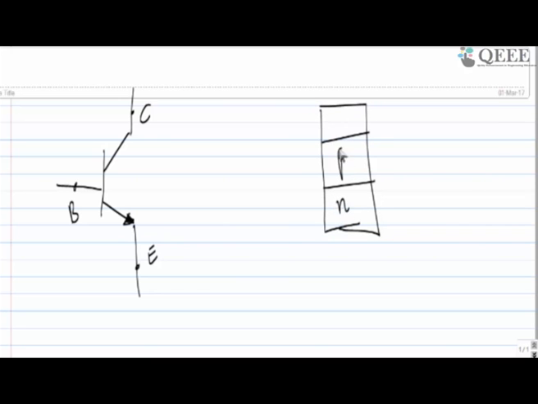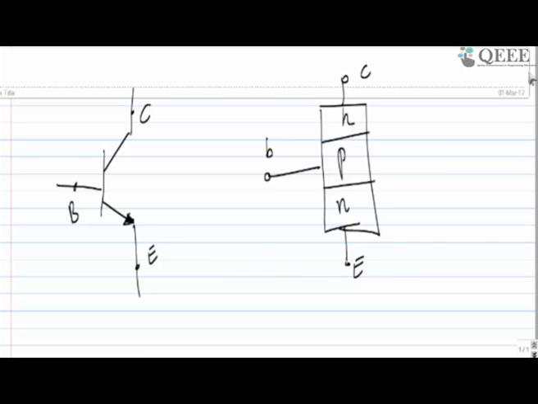Wherever you are seeing this arrow, we are going to call it emitter, this is base, and this is collector. And if this is NPN, then it should follow this way. Base is connected to this one, this is connected to emitter, and this is connected to collector.